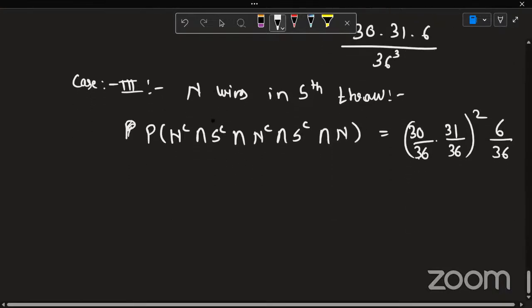So similarly, the game will go on, but we have to calculate the probability of Nina winning. How will you give that?